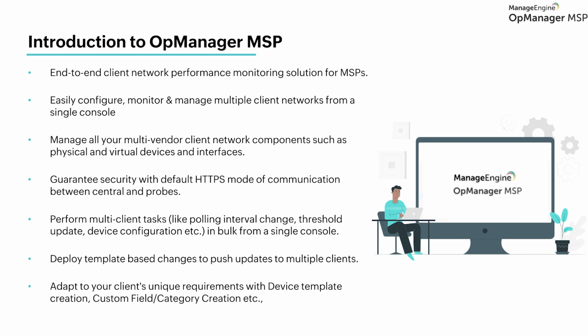You can perform various multi-client requests like changing the polling interval or updating the thresholds for monitors in bulk. You can use OpManager MSP to monitor a wide variety of client network devices such as VMwares, Xen servers, Nutanix devices, storage devices, etc. You can also deploy client-specific views in addition to the global view and ensure that you have in-depth visibility into your multi-client infrastructure.